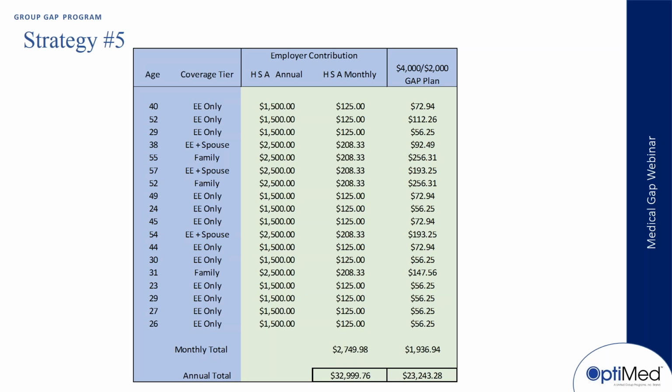They were putting almost $33,000 annually into the health savings accounts, where they could have bought a $4,000 inpatient with a $2,000 outpatient benefit for $23,000, $10,000 less.